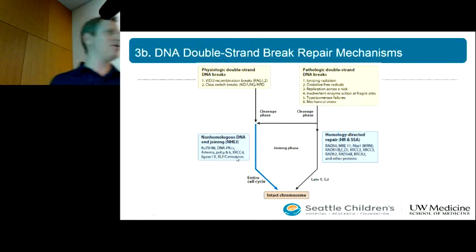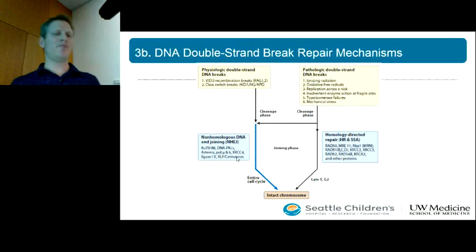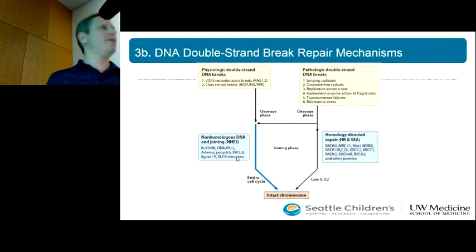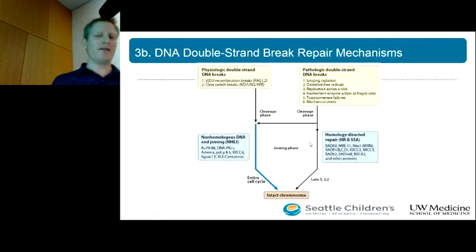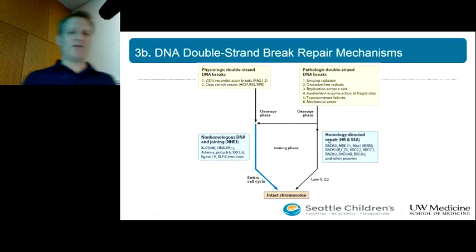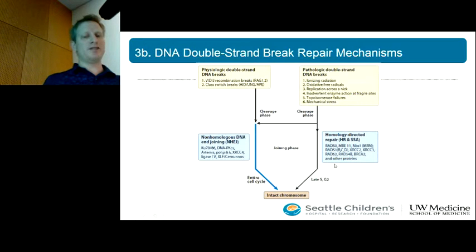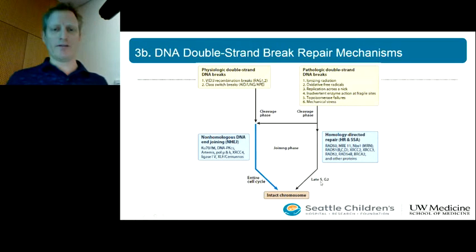They all cause SCID, because if you can't repair the DNA, especially with those B cells and T cells that are creating these breaks all the time, then you get a SCID phenotype. And this can happen through the entire cell cycle. But there is a more sophisticated mechanism called homology-directed repair, or HR, which uses a template, and that happens only during the late S or G2 phase.